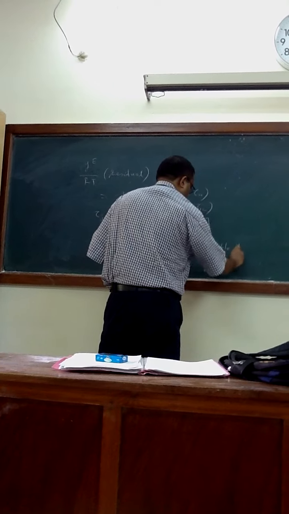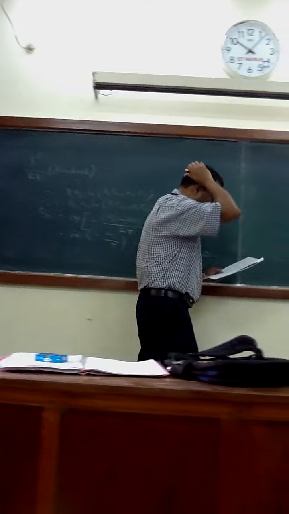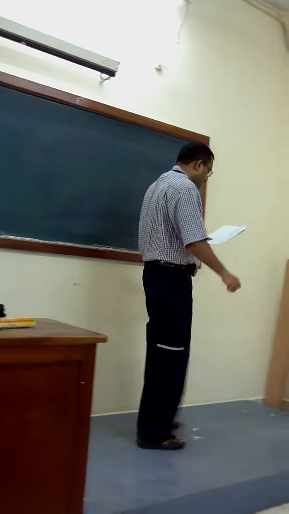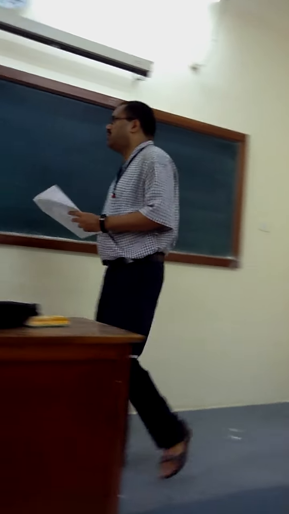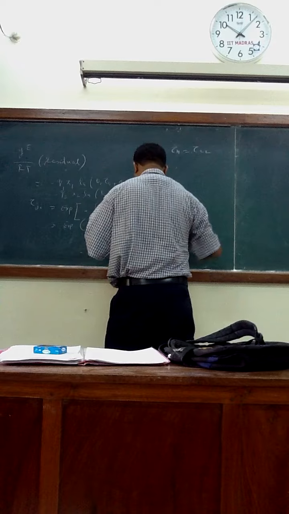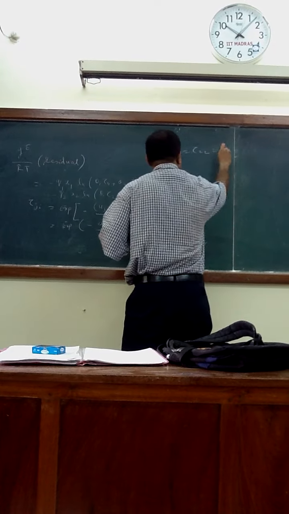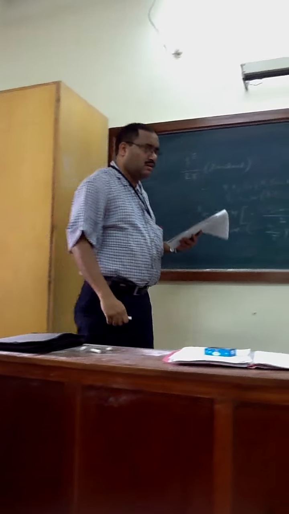Here aji is the adjustable parameter. Okay, and tau 11 equals tau 22 equals 1, you can see. And what are uij? Please write down.